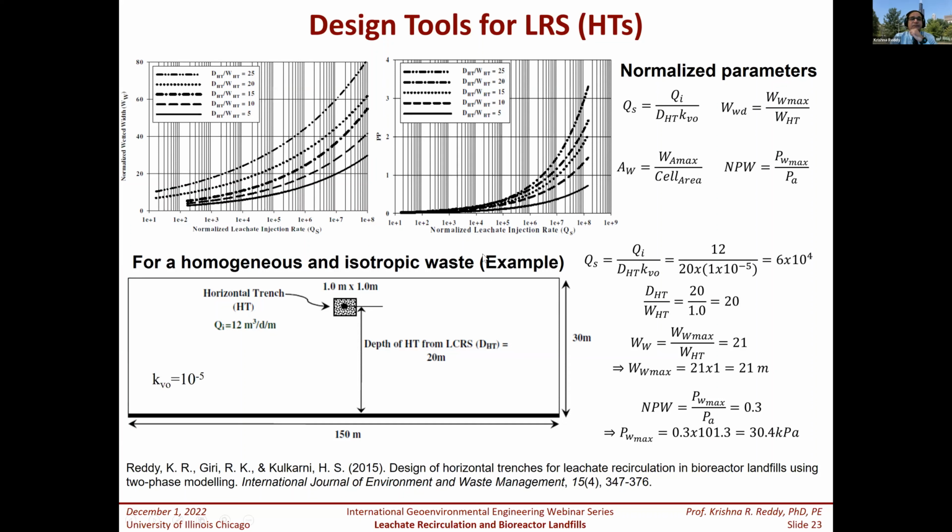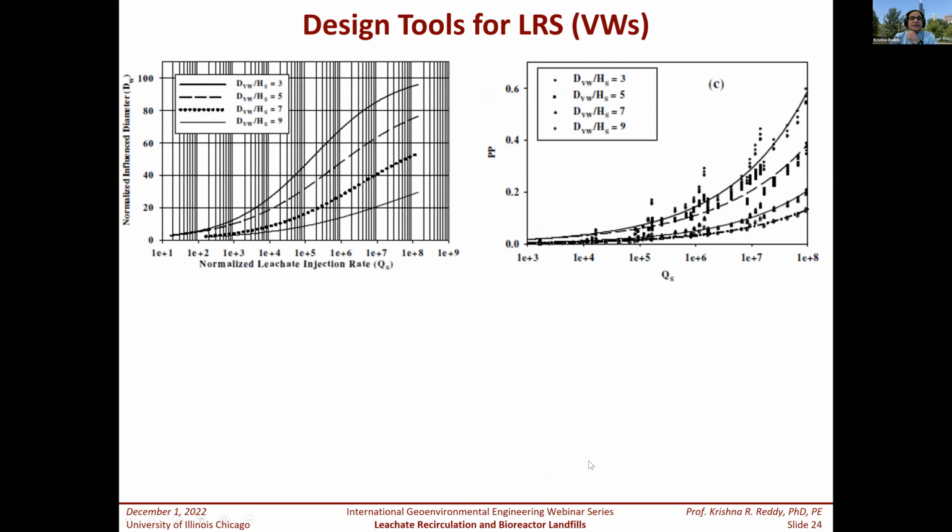So this is for design of horizontal trenches. I have given some example calculations here and also a reference. So you can use these non-dimensional charts to estimate the spacing and the pressure that you can apply. We did the same thing for vertical wells.